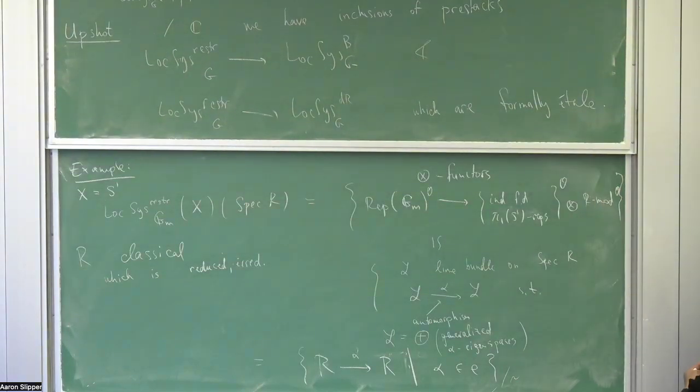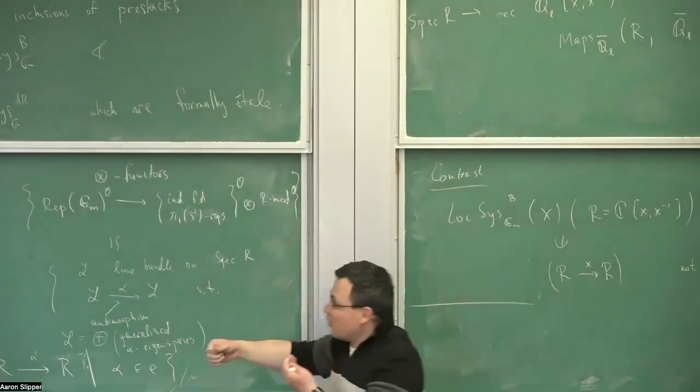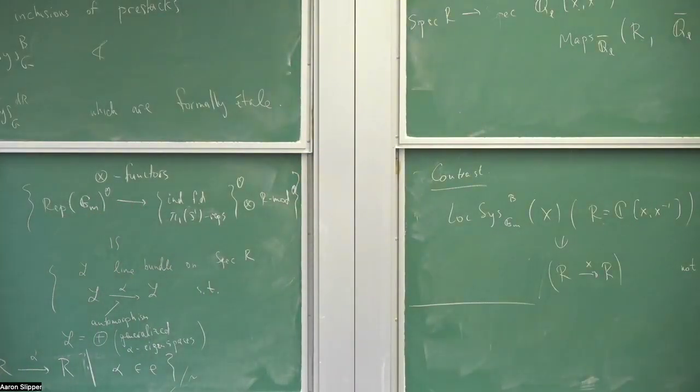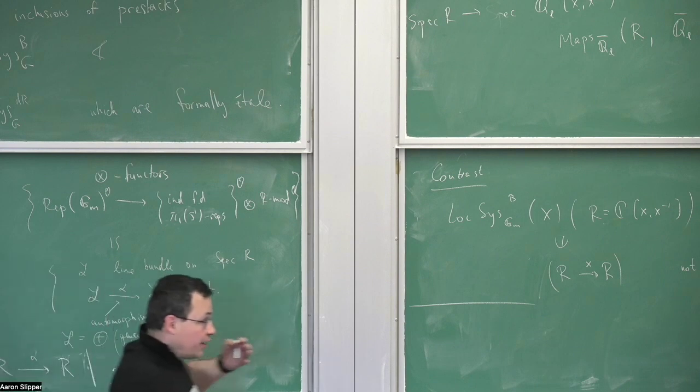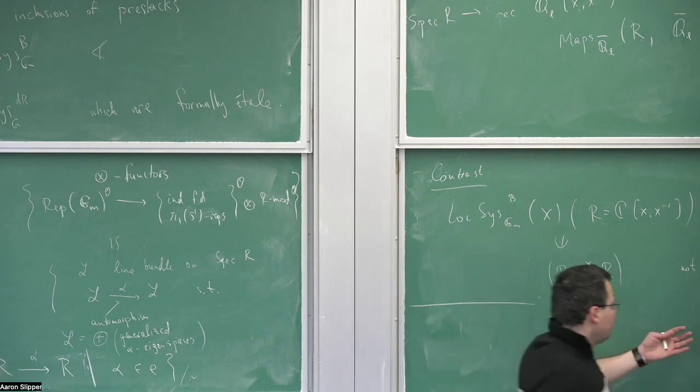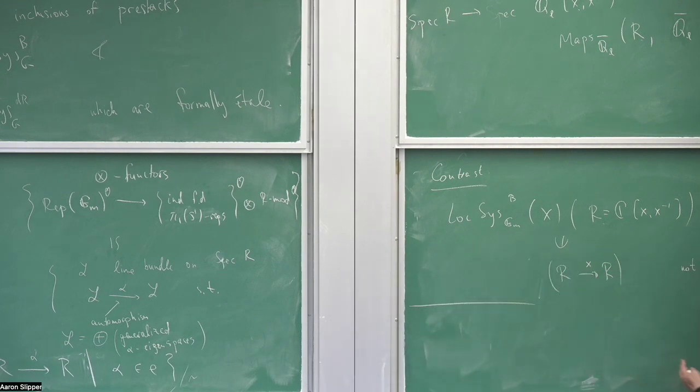I should have said, from this example, that this word restricted variation means we're breaking up something. Whenever you have a larger Betti or de Rham moduli space, those are always connected. We're breaking that up into possibly many connected components by limiting how families of local systems can vary.